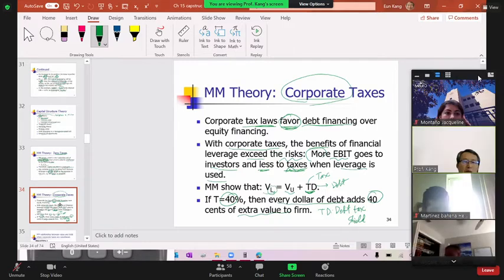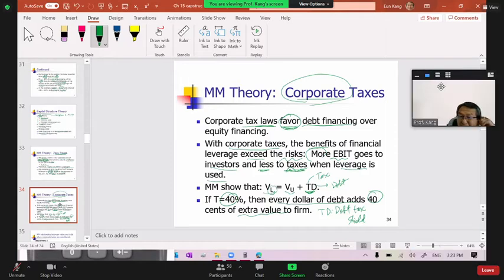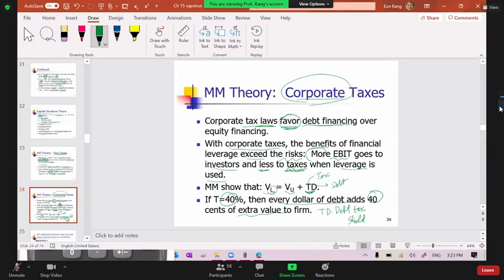Okay, that's the part. But that is actually not correct, because they only include corporate tax, but there is also personal tax. Not only that, they assume that managers and investors have the same information. That's definitely wrong, right?